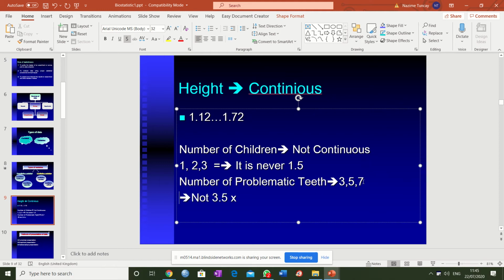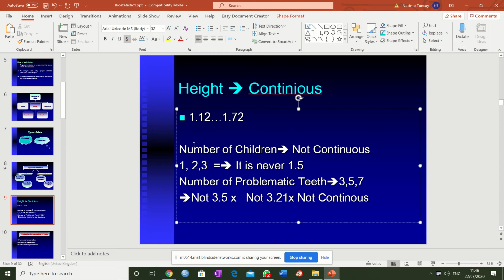You always say 3, 5 or 2, whatever it is, but never with decimals. You cannot say 3.21. So what is true is that you can say 3, 5, 7. And this means it is not continuous.